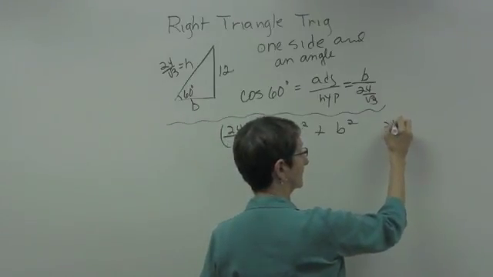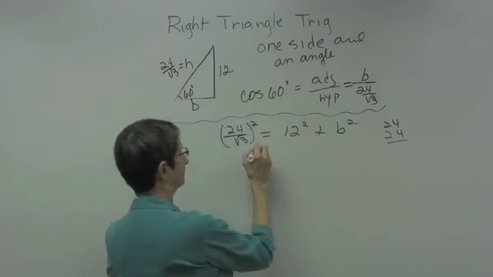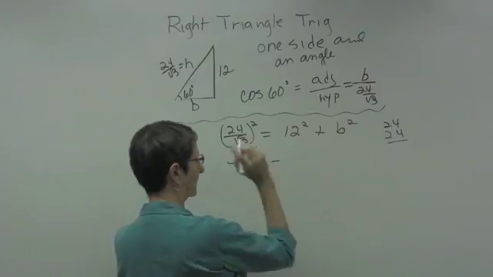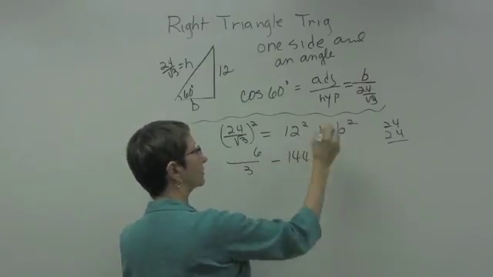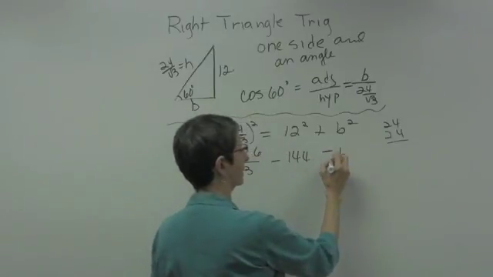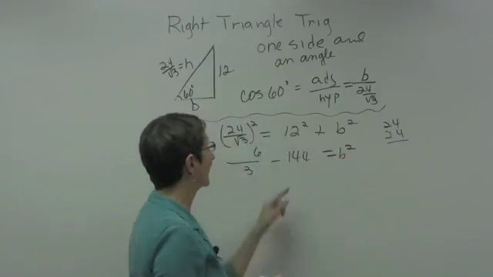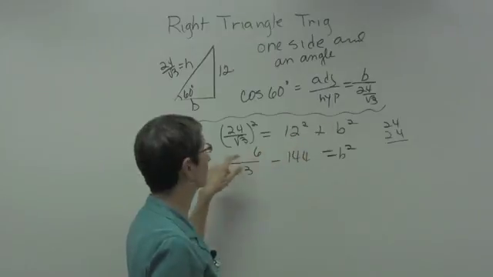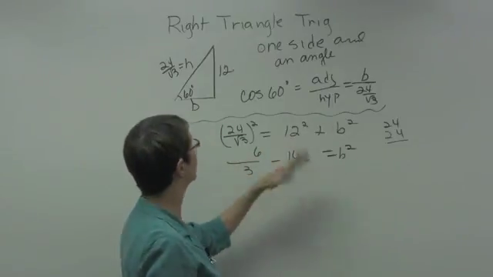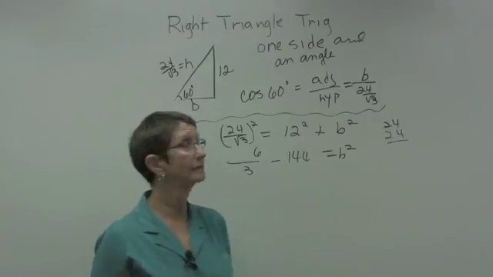I know it ends in a 6. 6 something over 3 minus, I'll get there. I know that 12 squared is 144 equals b squared. So I can solve for b this way if I could remember how to multiply 24 times 24. So this would give me a value for b squared. I'd take the square root, I'd have a value for b.